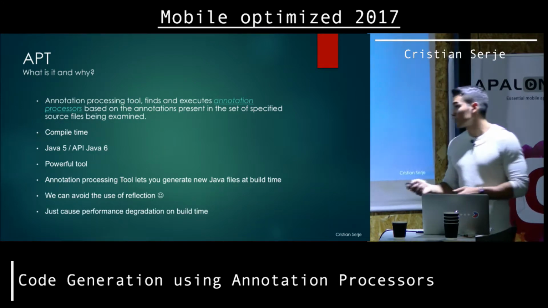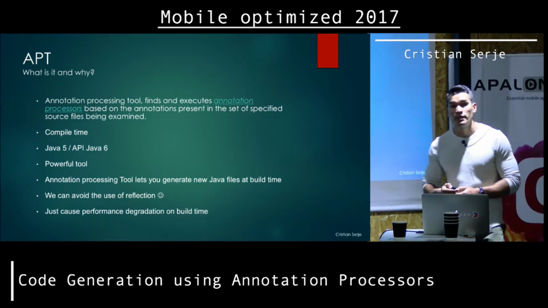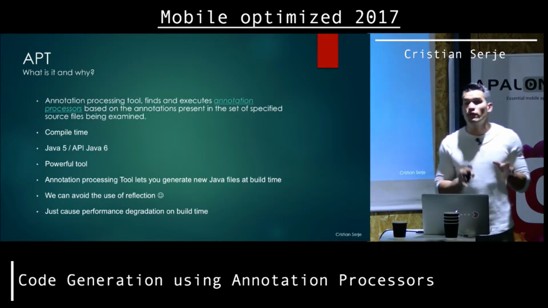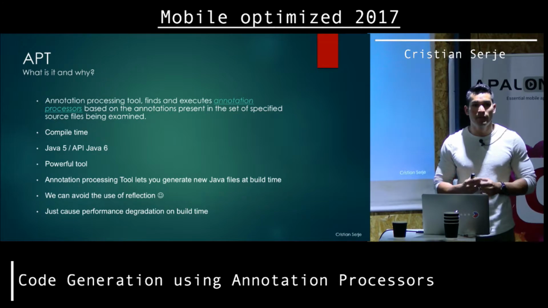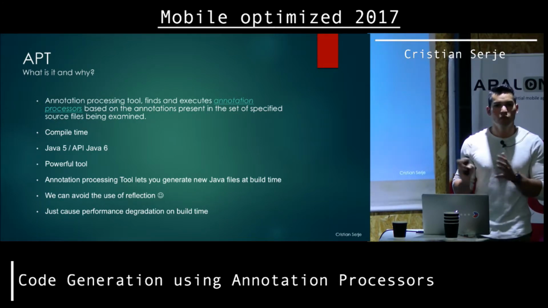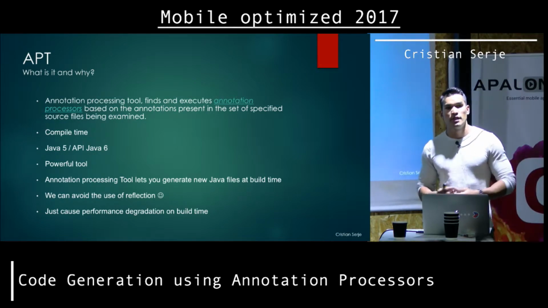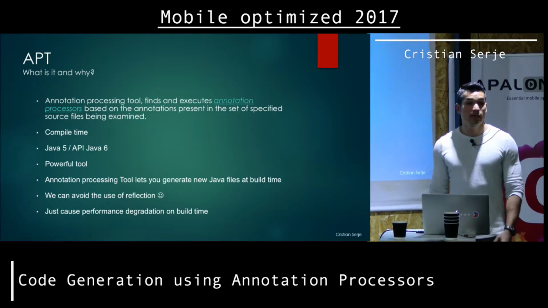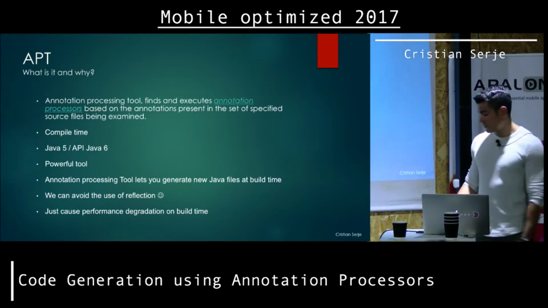It also causes some performance degradation at build time. Just because it's at build time, remember it's a different Java app. It doesn't mean that you can write just any code. Try to write it as a normal Java application, because you still want it to perform well, and you don't want to wait half an hour to compile or something, right?